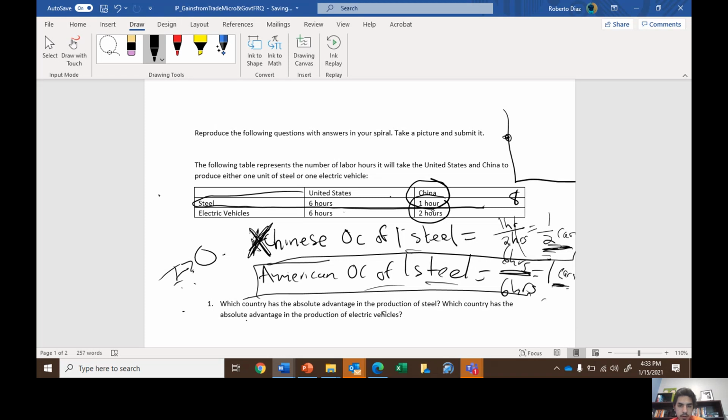Or electric cars. Yeah, in the United States is producing, and I'm doing the output. Let me do the math really quickly. It's 8 divided by 6, 4/3, 4/3.